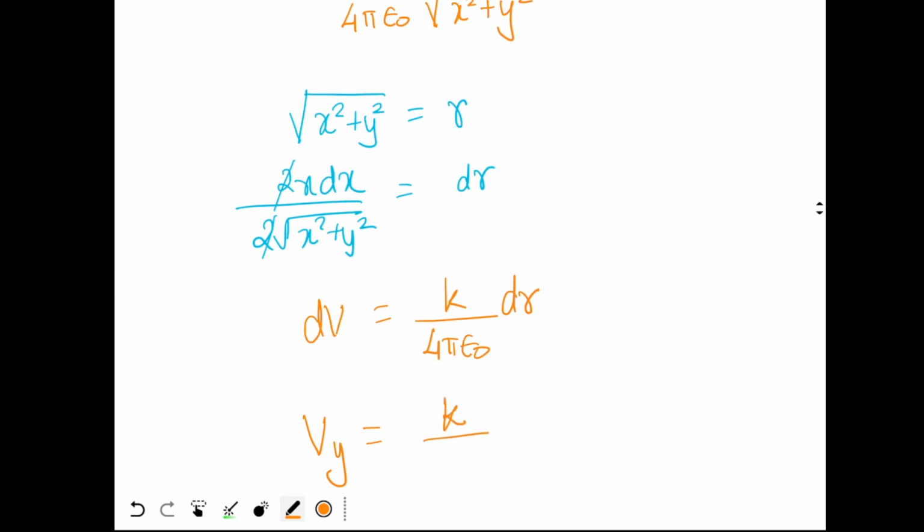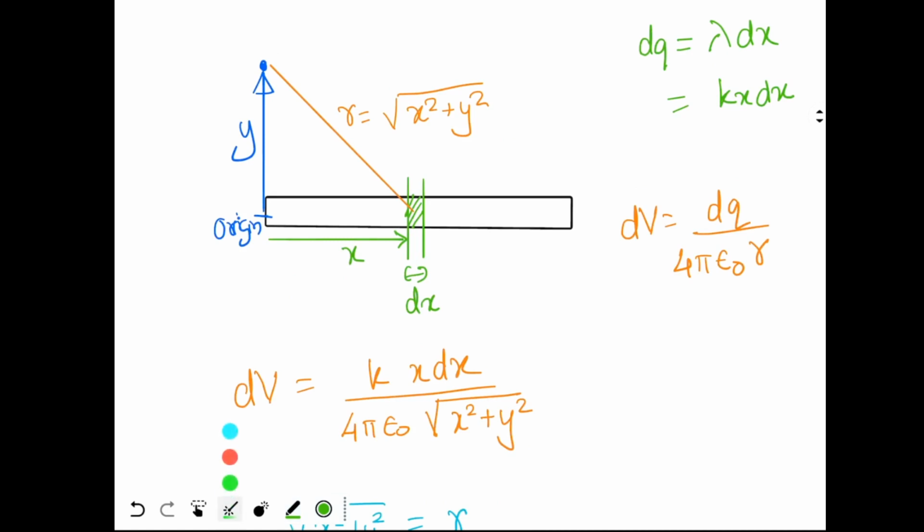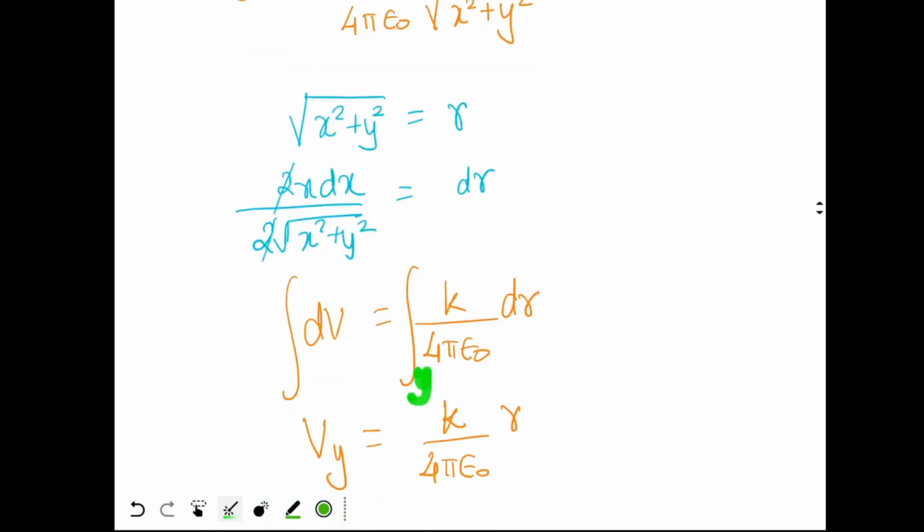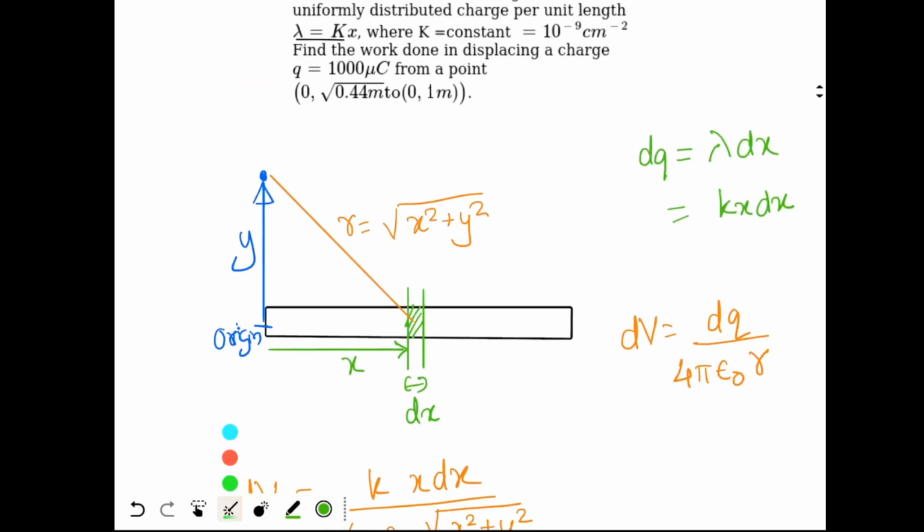So that will be equal to k by 4 pi epsilon naught r. On integrating, I get r. But what are the limits? We are starting the rod from this point and going all the way up to this point. So over here, the value of r is equal to y. So the lower limit will be y. What about the upper limit? This is the final value of r for this point. So this is y and this is the length of the rod, L equal to 1 meter.